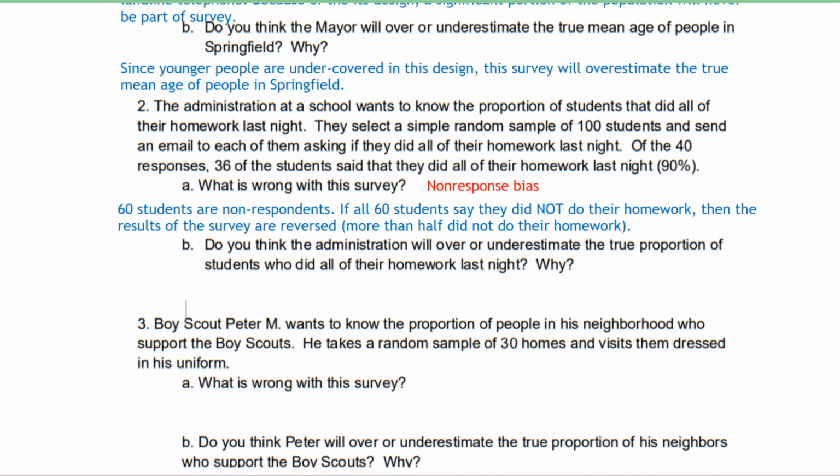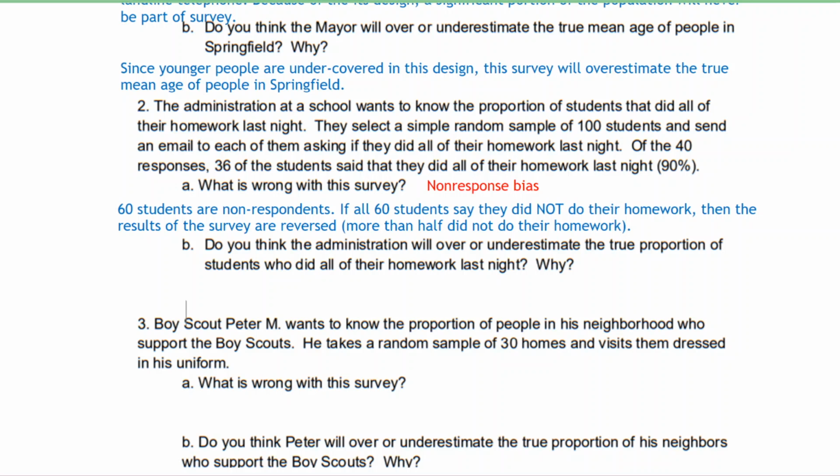So in actuality, there is a possibility that 64% of the students in the random sample did not do their homework. That reverses the results of the respondents, because now we have more than half of the students possibly not doing their homework.